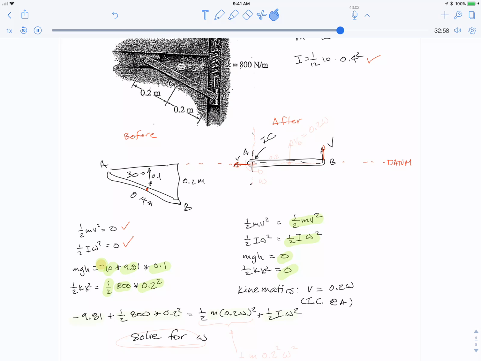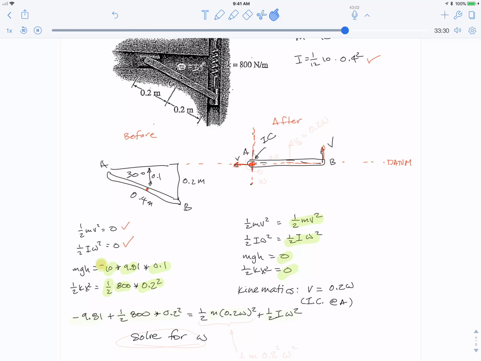And so if you remember, the instantaneous center is the intersection of the two arms perpendicular to the velocities. So perpendicular to velocity A is this dotted line here. Perpendicular to point B's velocity is this horizontal line. And they intersect right here at A. So A is the instantaneous center.